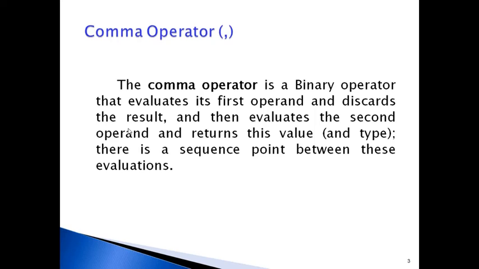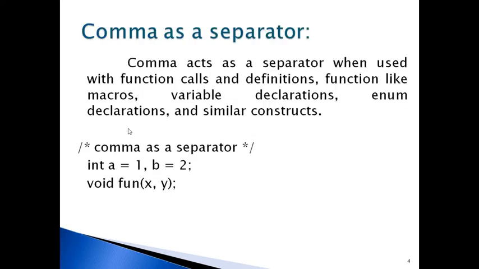Then it evaluates the second operand and returns this value. There is a sequence point between these evaluations. We will see that in the next slide.